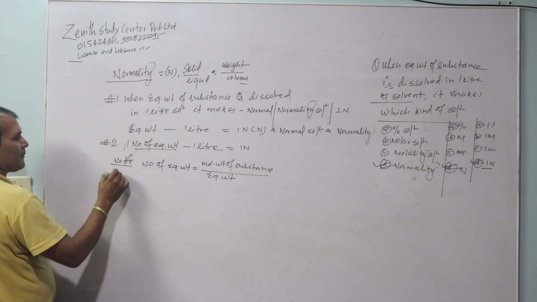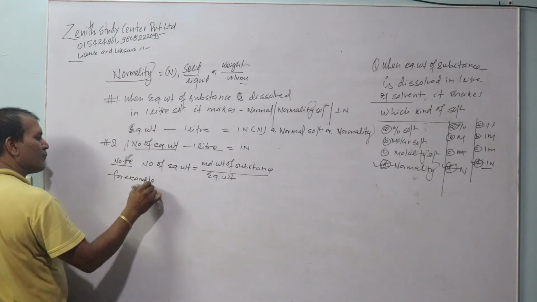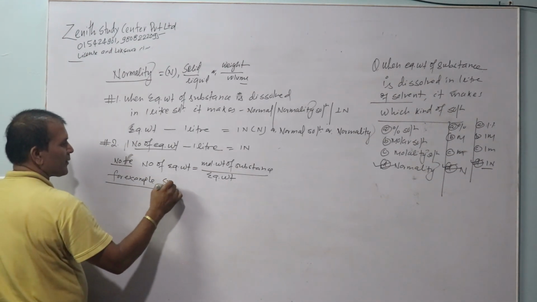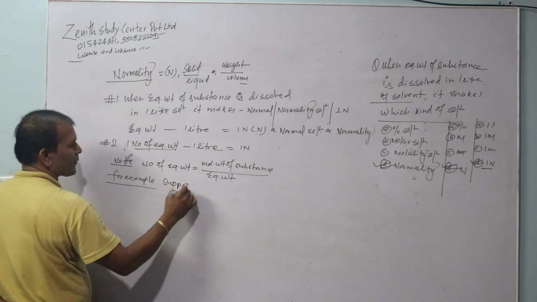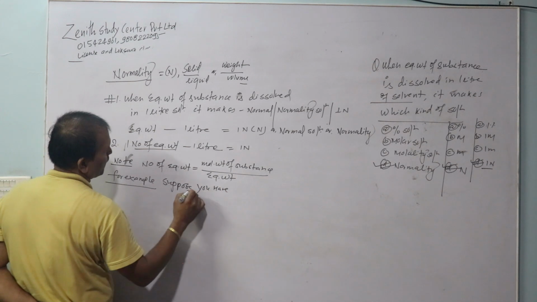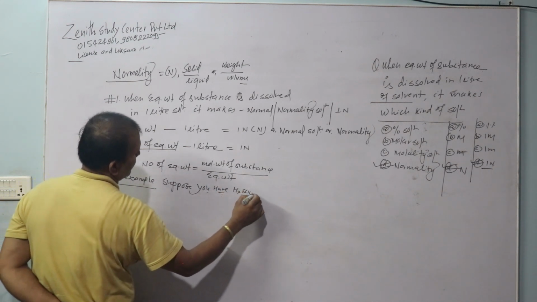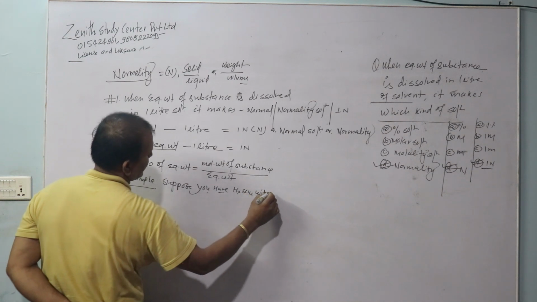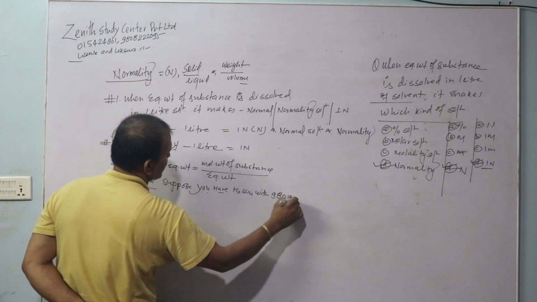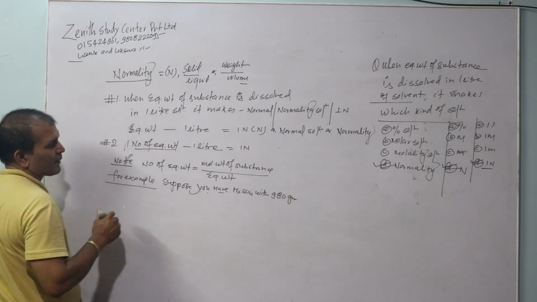For example, suppose you have 980 grams of H2SO4.